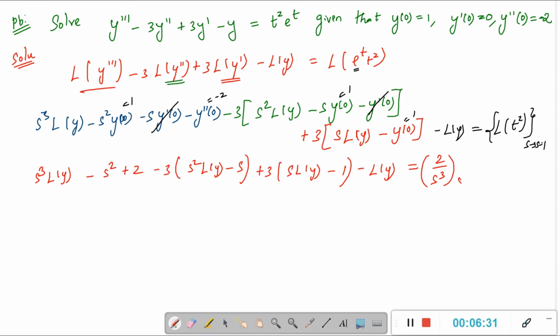After that you have to substitute s by s minus 1. Now I am going to multiply minus 3 in the corresponding close bracket.